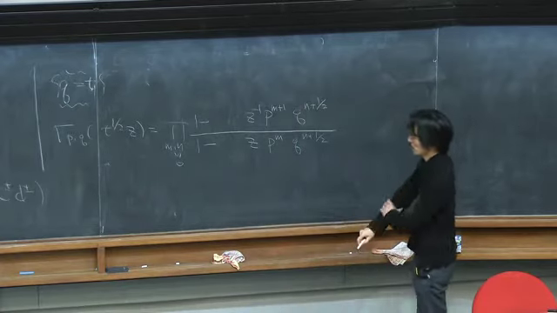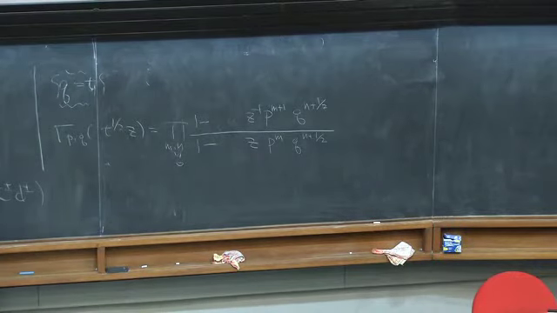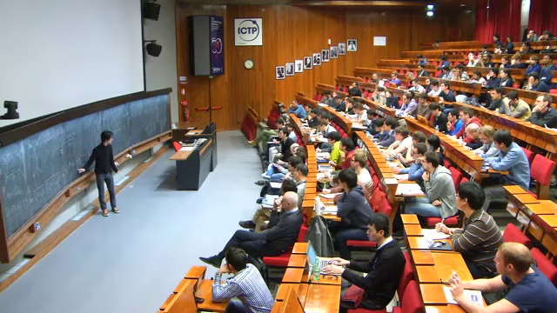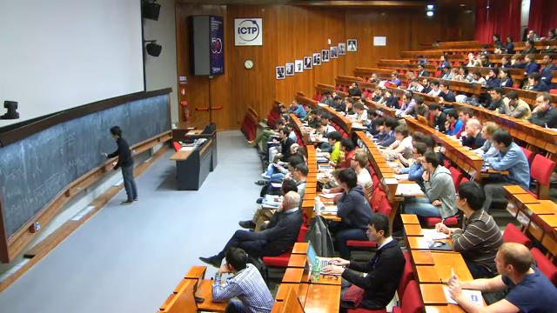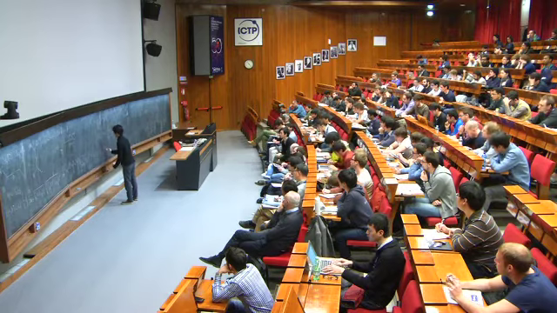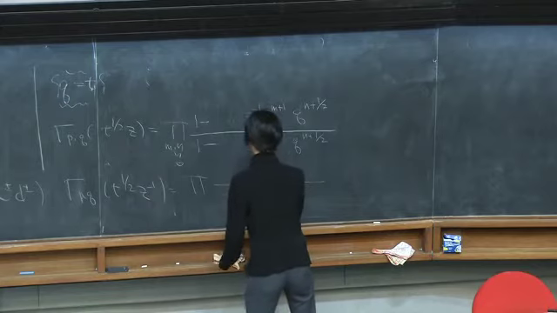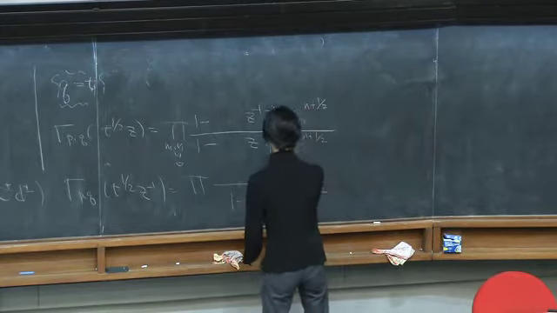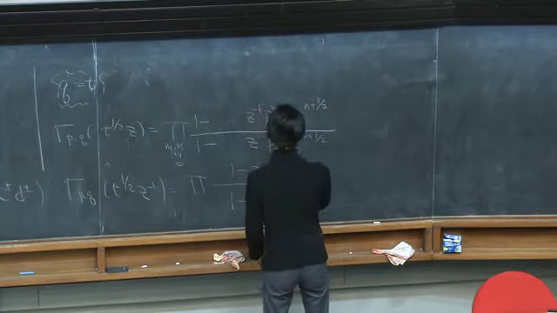But you see that in this combination, because it is a hypermultiplet, always a fugacity and its inverse appear together. So there's an additional factor of z inverse, which is basically this, but the placement of the exponents are reversed.